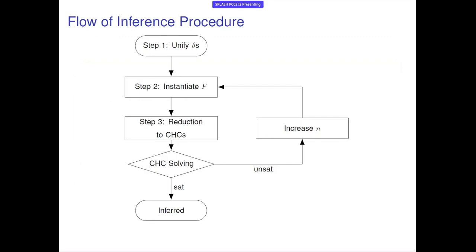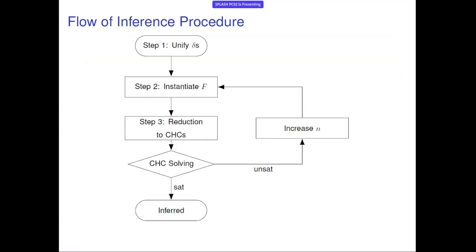Okay, so we can see program verification as type inference. We also propose a type inference procedure to verify programs. This is the entire structure of program verification or type inference. First, we unify some parts of types, and then we instantiate the types, but only the function part.